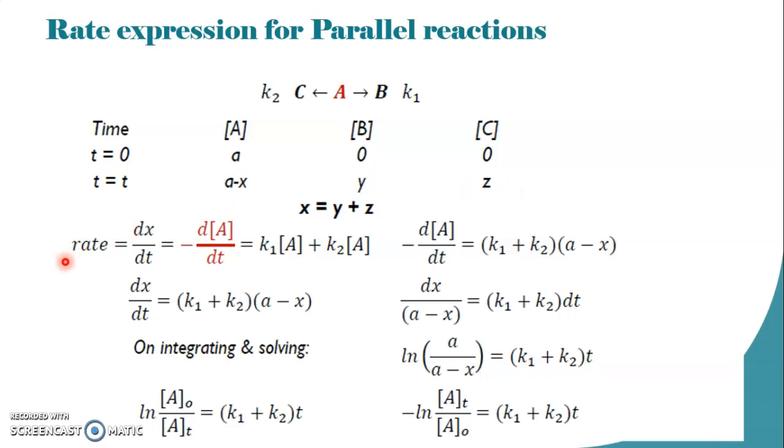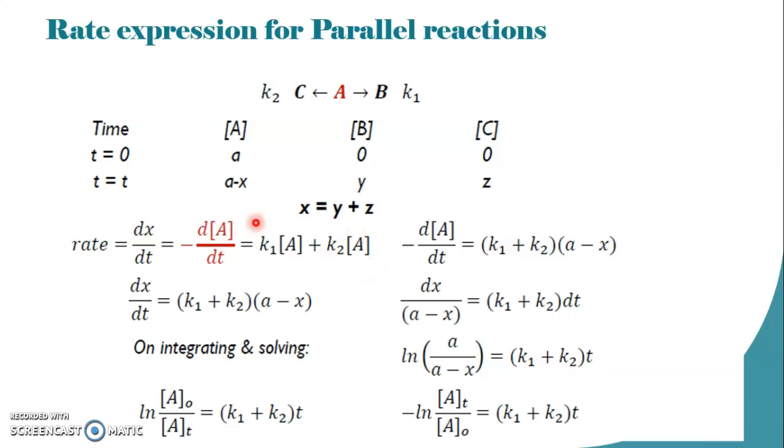Since A is converted to two products, we can represent both steps in terms of change in concentration of A. That is, dx by dt is equal to minus d[A] by dt, as only A is changed, which is equal to K1A plus K2A.